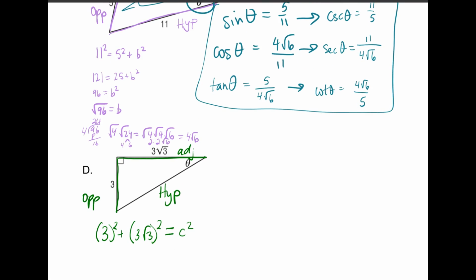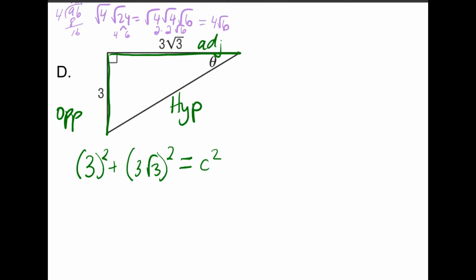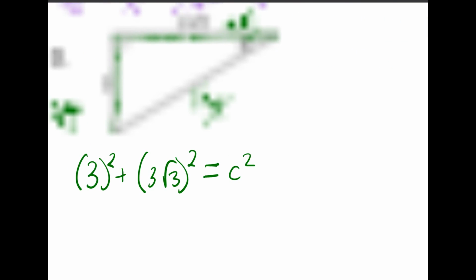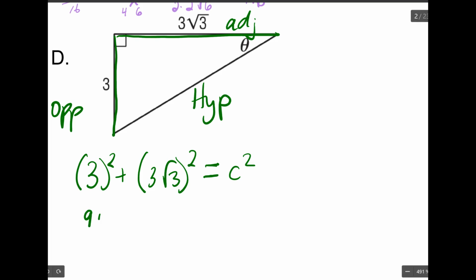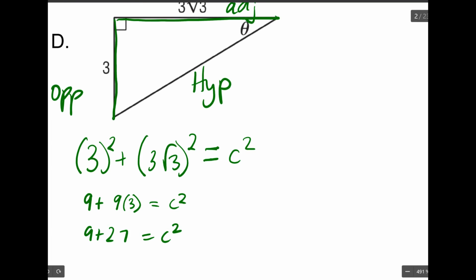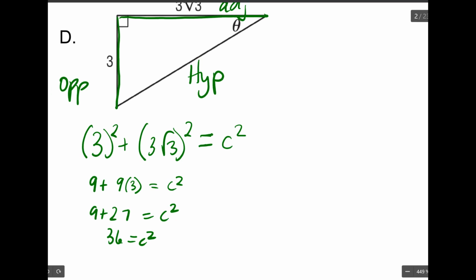Wait, isn't this a special? Yes. So then you get 3 times 2. It is going to be a side length of 6. Because what squared is 36? 6.